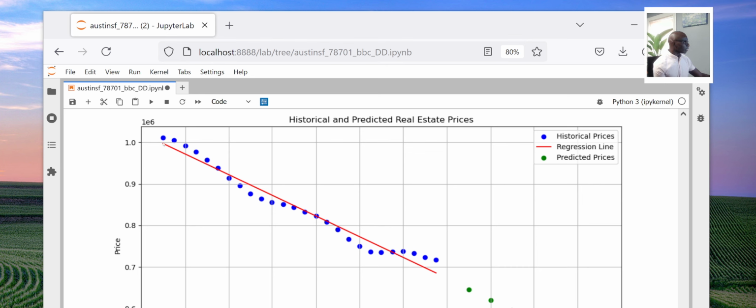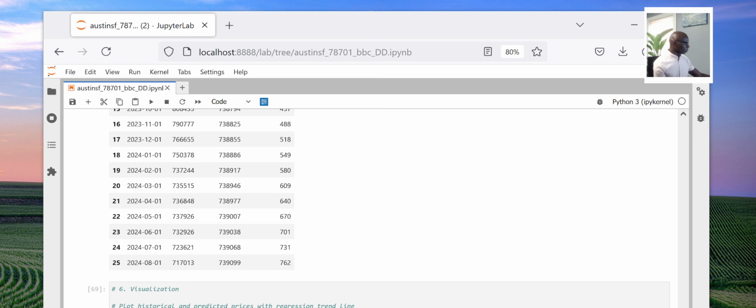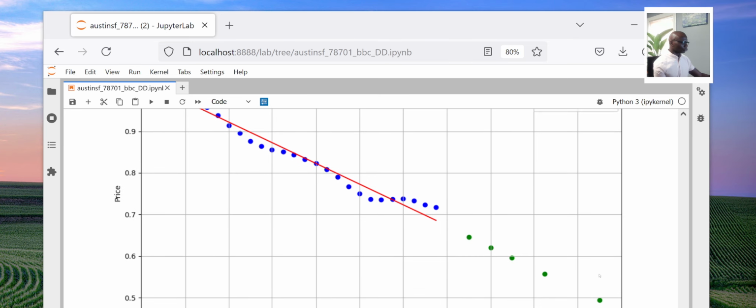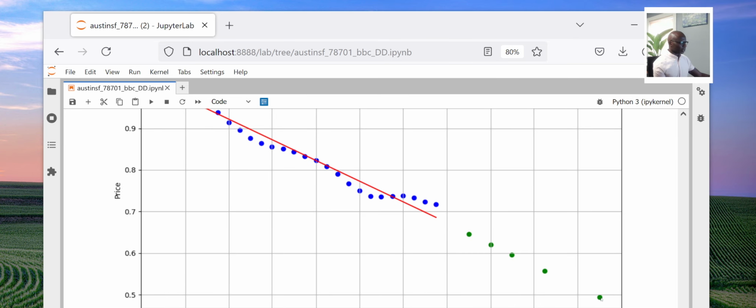So we can see here the historical prices in blue, the regression line, and then the predicted prices for September 2024, for November 2024, January 2025, March, and I even went as far out as November 2025 as well.